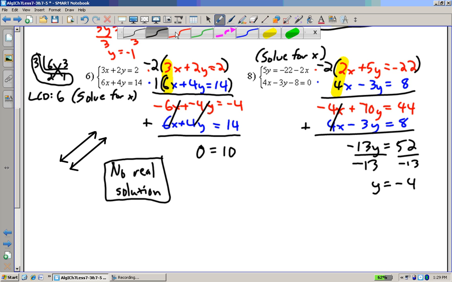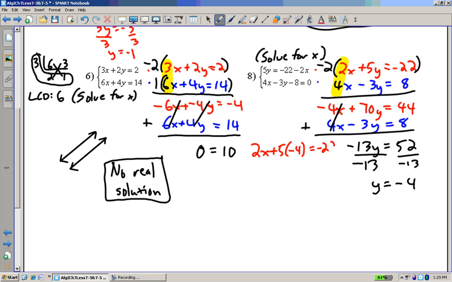It doesn't seem to be any significant difference in difficulty, so I'm just going to choose the red one arbitrarily. Just pick it. Plug in negative 4 in for y on the red equation. And now let's solve. First distribute. Nope. Then combine all of your like terms.